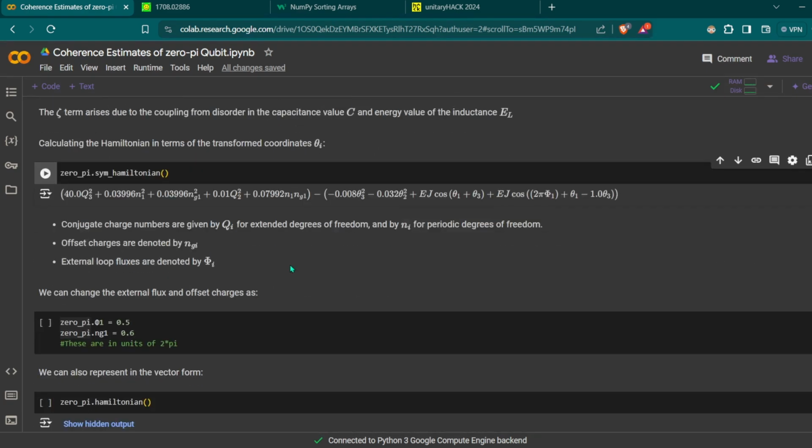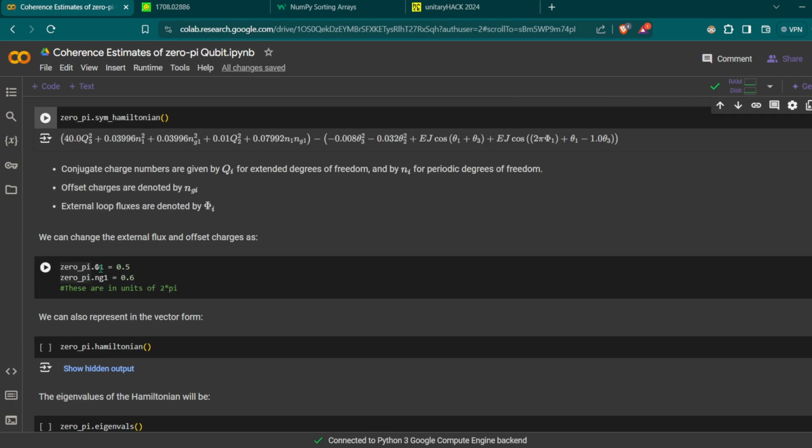Now, we can change the values for the phi1, that is the external flux, and ng1, that is the offset charges, by directly calling these attributes and then changing the values. The values 0.5 and 0.6 for phi1 and the ng, that is the offset charge, are the default values, and we are going to use those only.